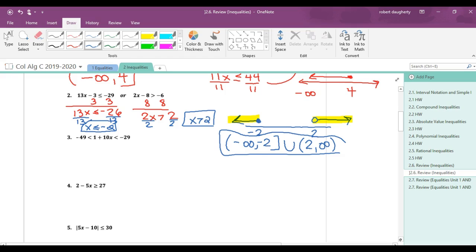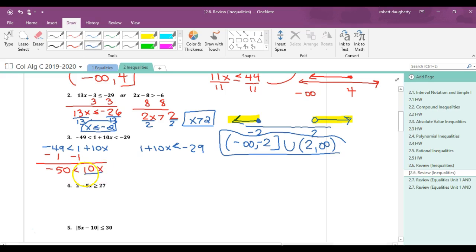This next one, you're going to break into two problems. Negative 49 less than 1 plus 10x, and 1 plus 10x less than negative 29. And to solve this, I'm going to subtract 1 from both sides, and I get negative 50 is less than 10x.